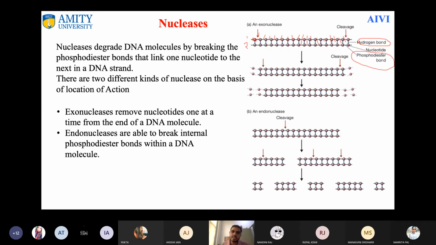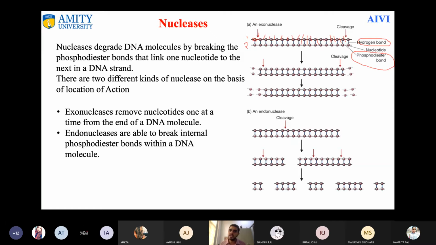Now you may ask where in your DNA it is going to produce a cut. Here, instead of saying it breaks the phosphodiester bond, we use the term cut.